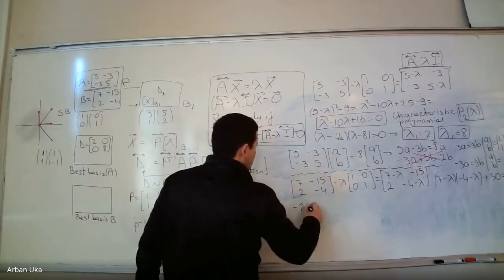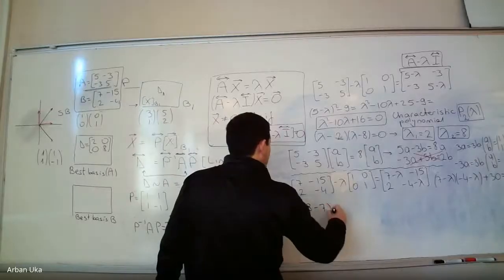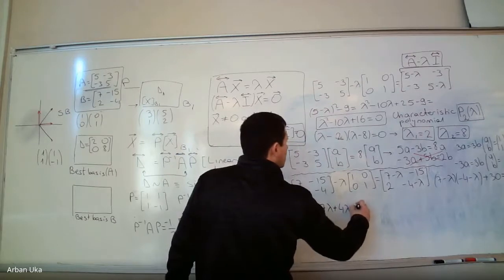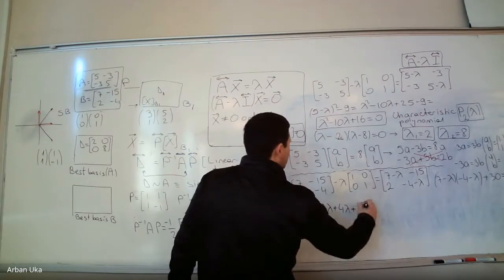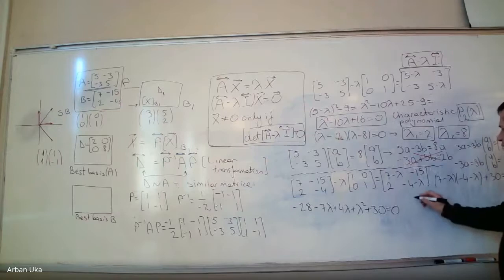This is -28, -7 lambda plus 4 lambda plus lambda squared plus 30, equals 0.